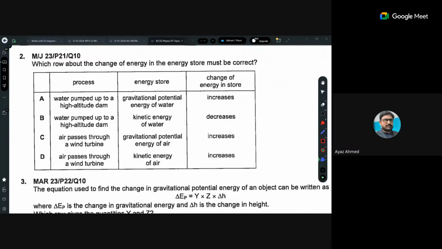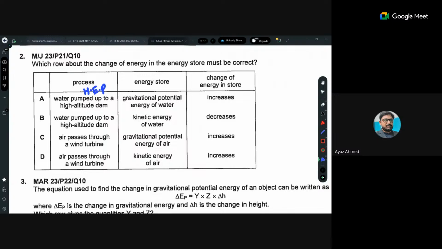Process is water pumped up to a high altitude. So it is a hydroelectric power plant mechanism. Energy stored is gravitational potential energy, and change of energy in store increases. Okay, this is option A. I will just go through all the options and then I will come to the point.